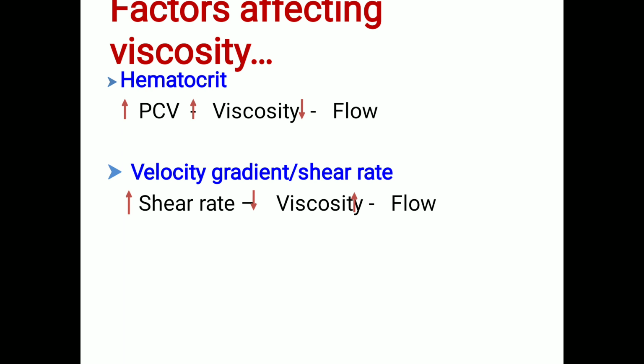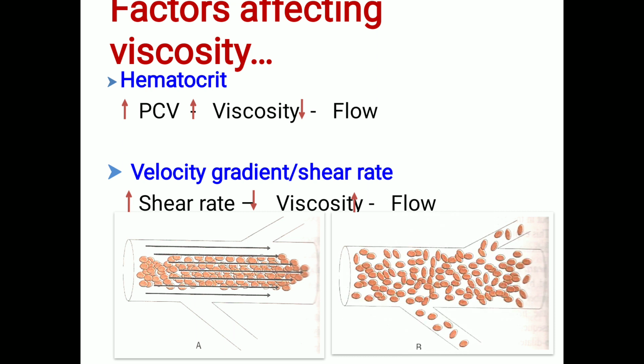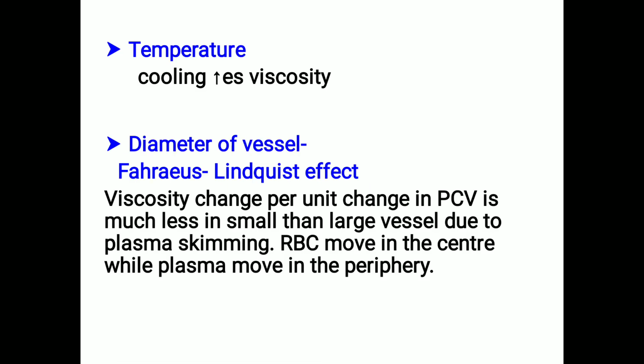An increase in the shear rate will decrease the viscosity and increase the flow. Another parameter that affects viscosity is temperature. With an increase in temperature, the viscosity decreases. On cooling, viscosity increases.